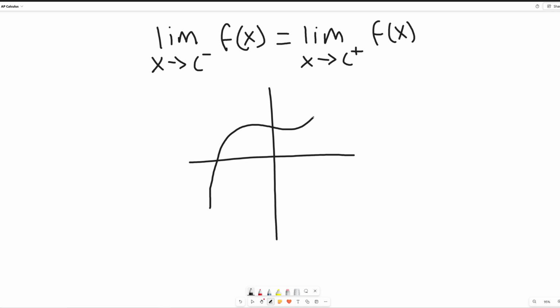So on any graph, even if it is defined at that point, so let's say this is x equals 4, and x equals 4 is defined at y equals 2 here, since traveling from the left and traveling from the right you approach a different value each time, the limit here does not exist. If you were asked this on a question, you would say the limit does not exist.